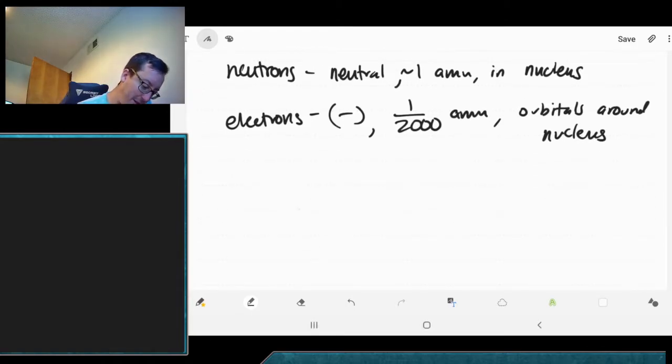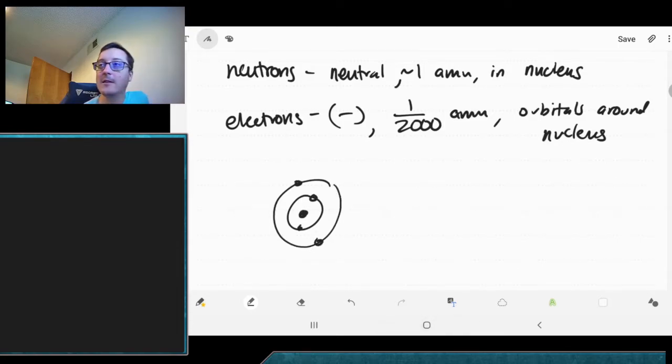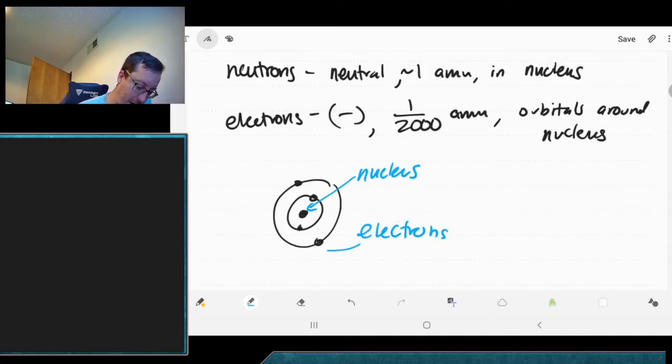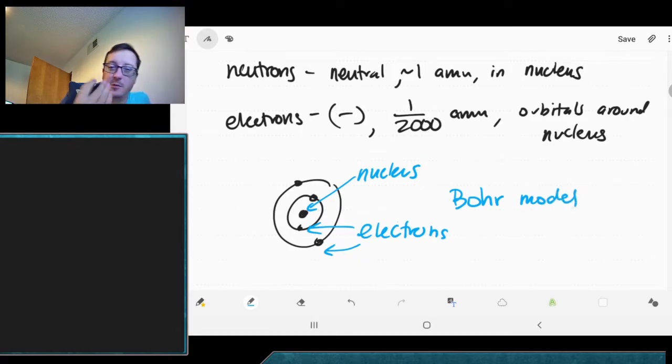You might have seen something like this, where you have a nucleus and electrons around it. This bit here is the nucleus, and these dots around it are electrons. And this is called the Bohr model of the atom. That's the one you've seen, where electrons are just circularly going around.